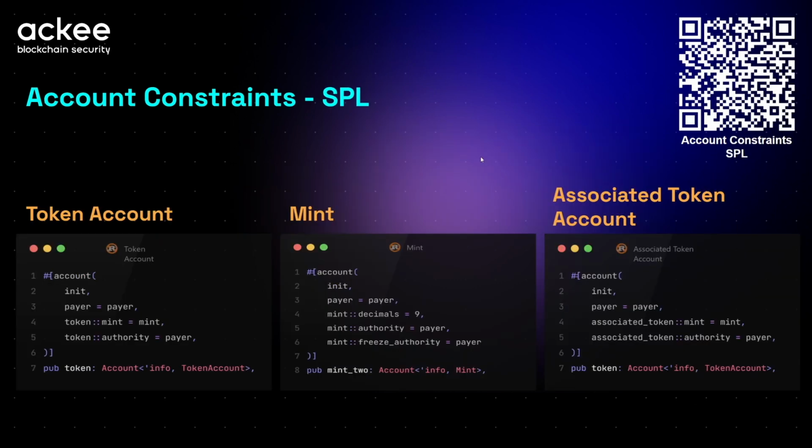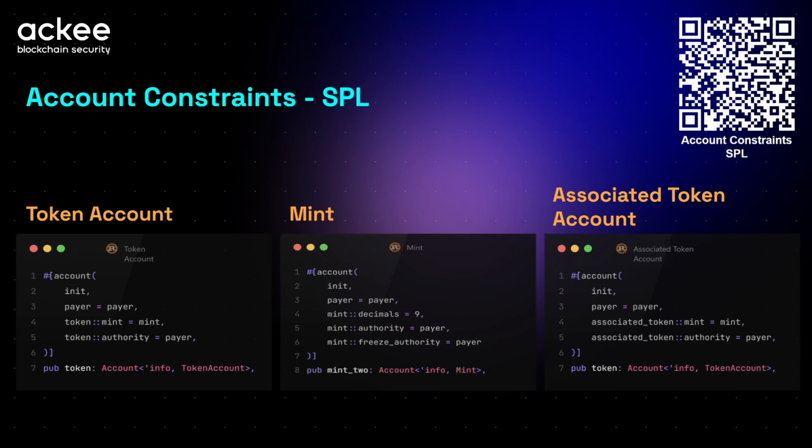Now let's talk about the SPL constraints. On the slide you can see basically the three account types that the SPL constraints can be used for. First is the token account, which as you know stores tokens. I mean, like the token amount, it has the owner, and you store your tokens here for the corresponding mint account, or for the corresponding mint, or we can also say for the corresponding token.